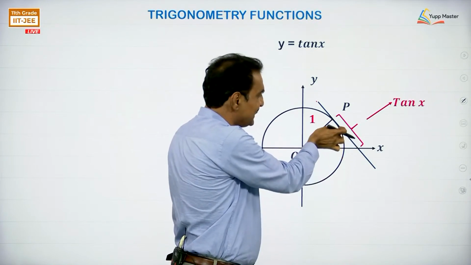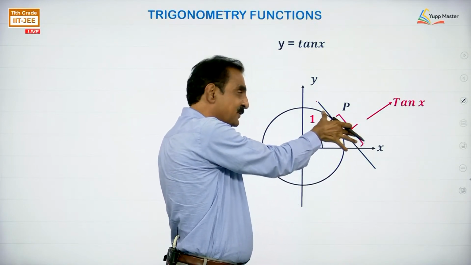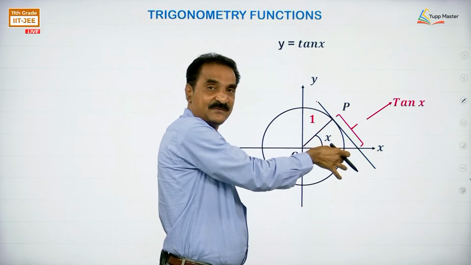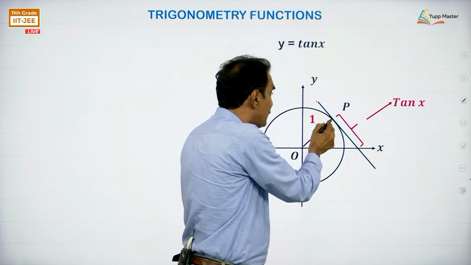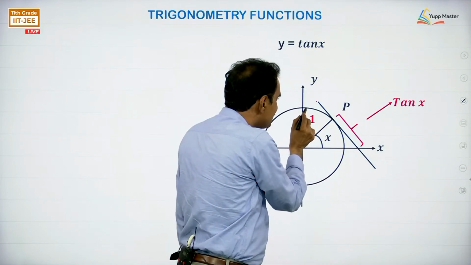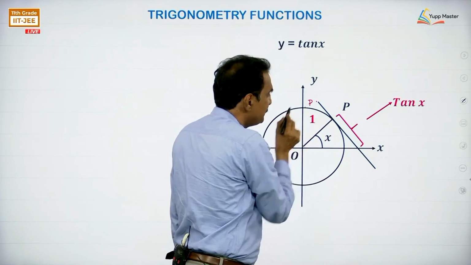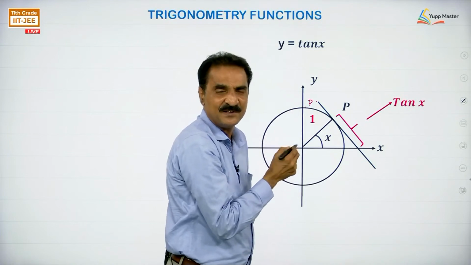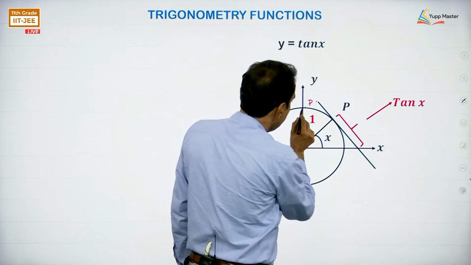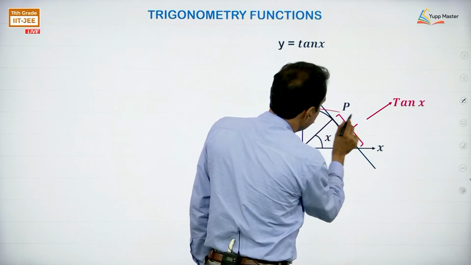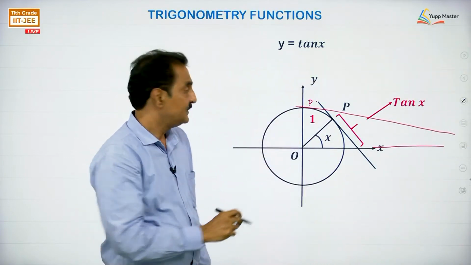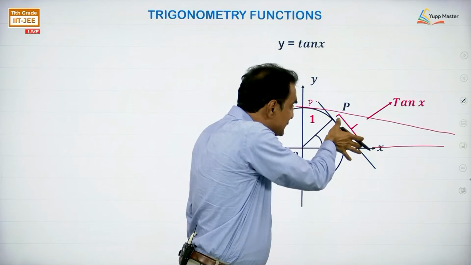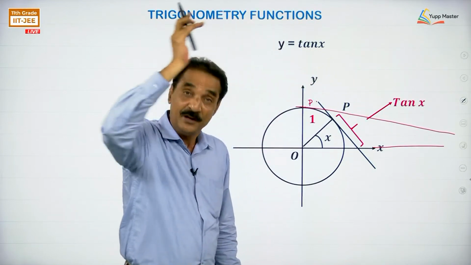When P is moving like this, then this intercept will be increasing. So, tan x will be increasing from 0 to 90 degrees. When P is just before this tip, just before 90 degrees, some 89 point something, then if you draw a tangent, it meets the x axis at infinity. That means the length of this intercept is tending to infinity.